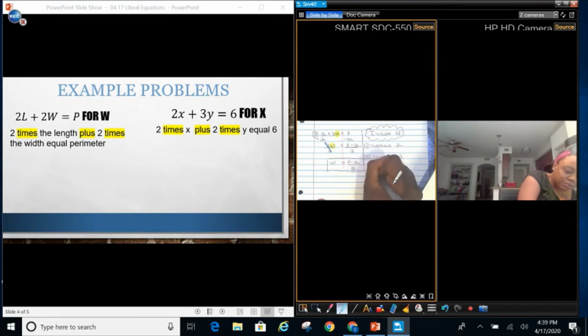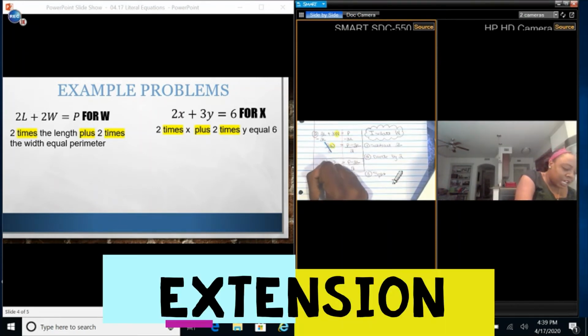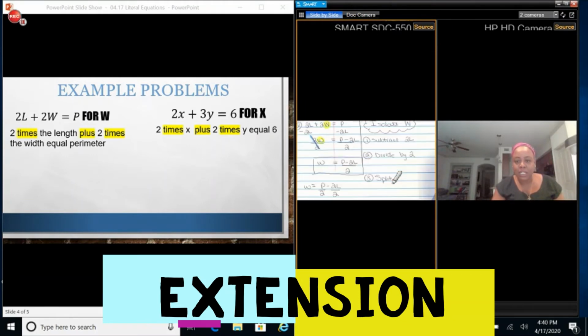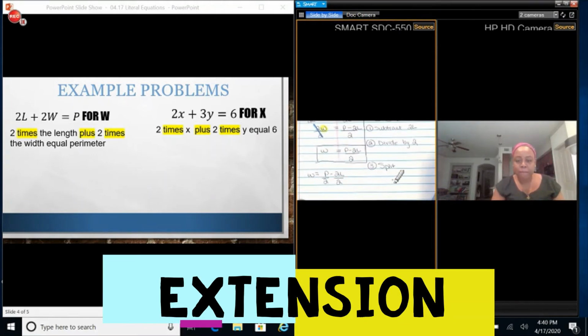And that is when you have to split. Since I have W equals P minus 2L, this 2 can go underneath the P and it can go underneath the 2L. I'll zoom in so you guys can see it. We know that there's an invisible 1.